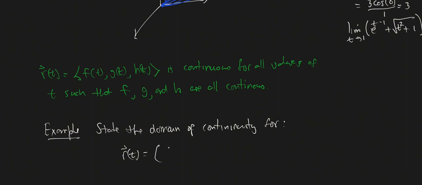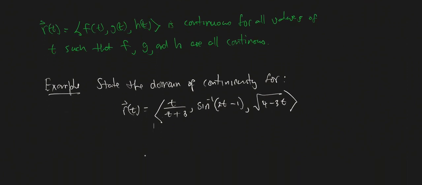Let's say we have t over t plus 3, inverse sine of 2t minus 1, and then the square root of 4 minus 3t. Let me put angled brackets here. So there's our vector function, and we have to determine the domain on which this function is continuous. So let's go component by component.